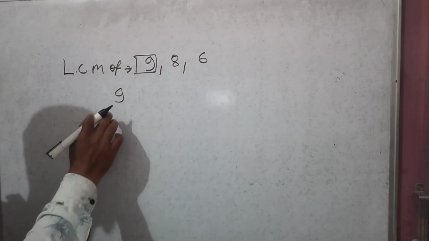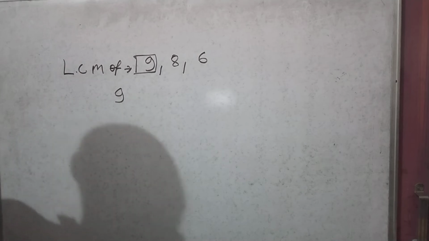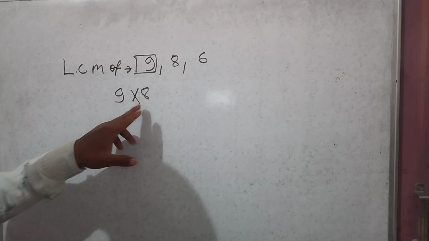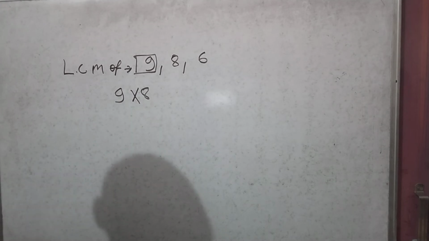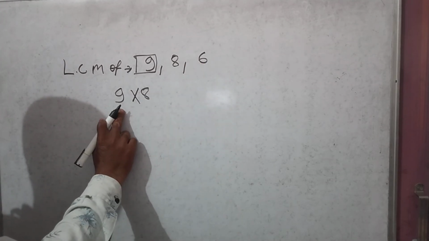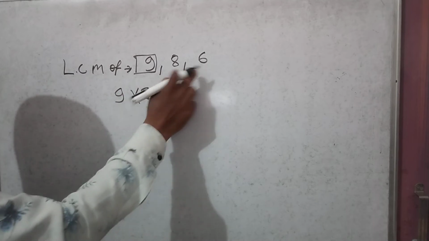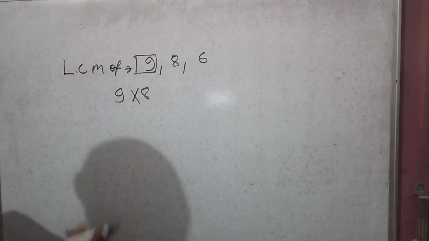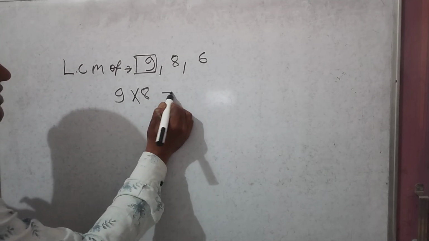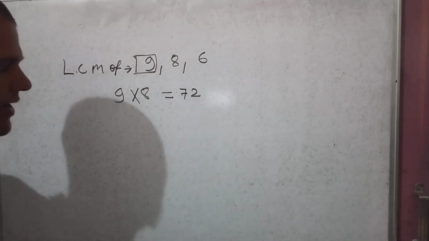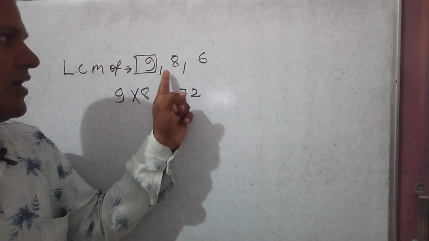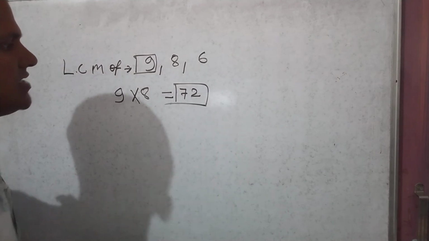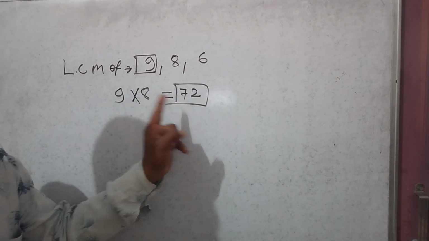But 9 into 8 is 72, since they are co-prime. 9 is not divisible by 6. But 72 is divisible by 8 and also divisible by 6. So our answer is that the LCM of these numbers is 72.